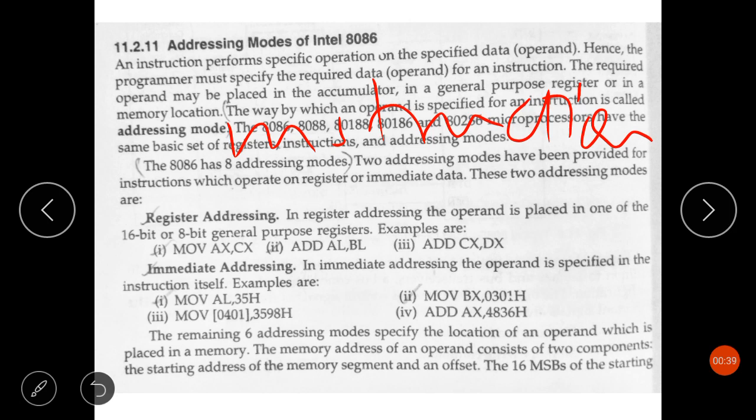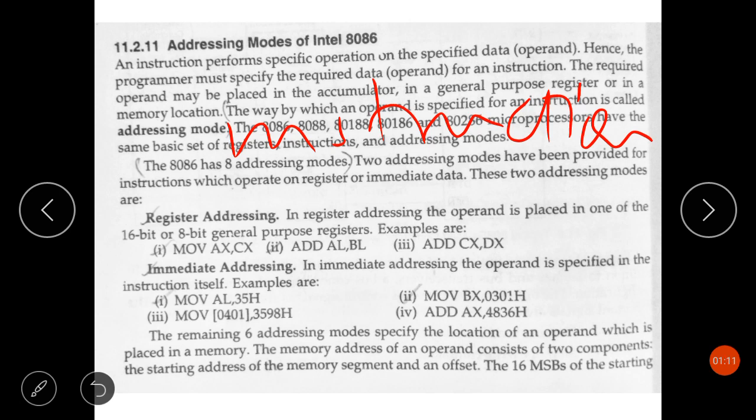For performing that operation, they need some data. That data is called the operand. So addressing mode means how we specify the operand in an instruction.